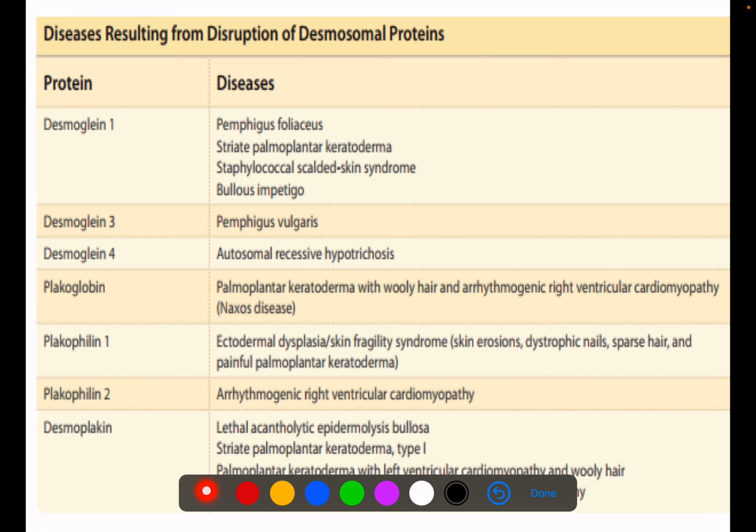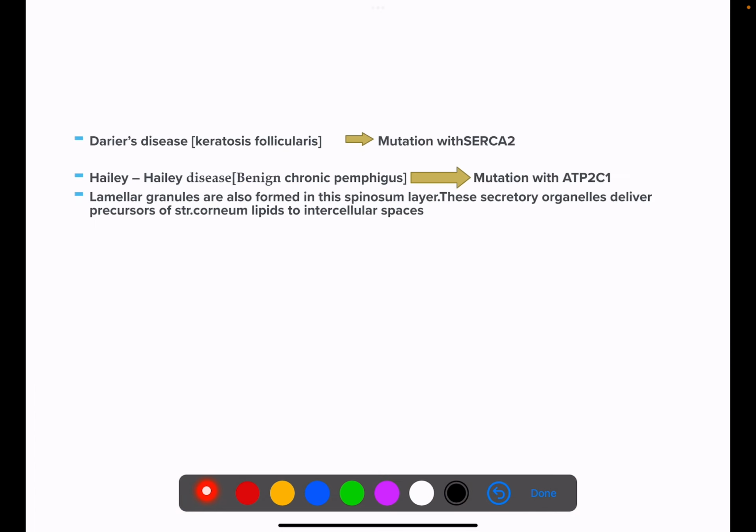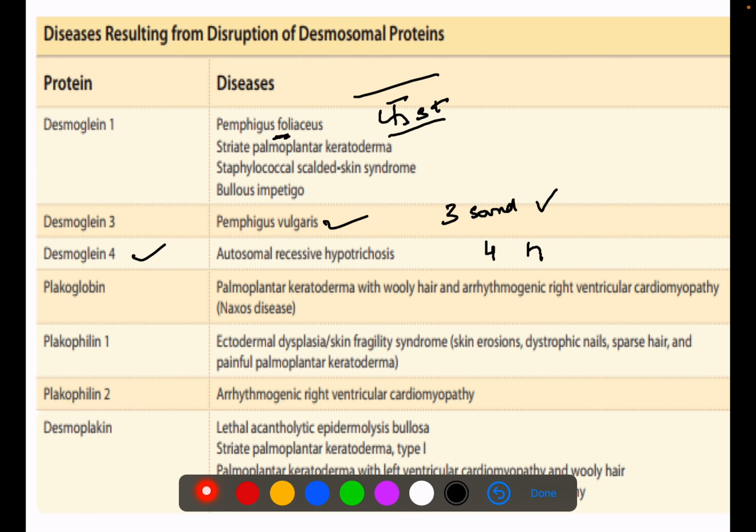Desmoglein 3: pemphigus vulgaris, first foliaceus, first. 3 sounds like V. Next we have desmoglein 4, which if you reverse it is hypotrichosis: autosomal recessive hypotrichosis.